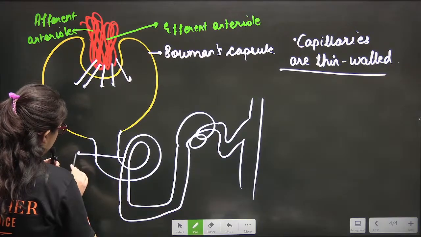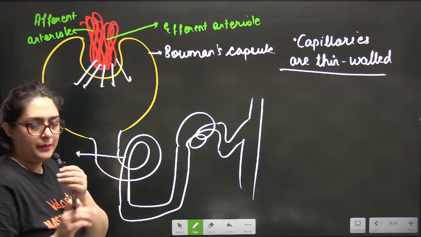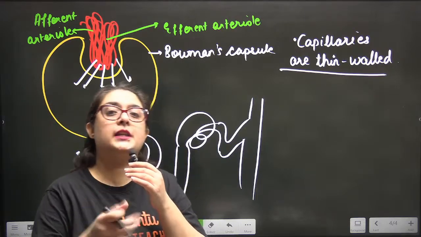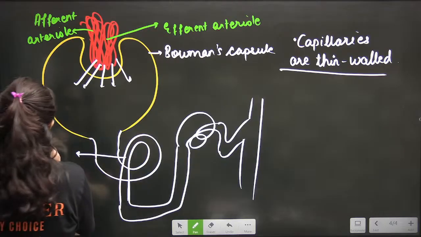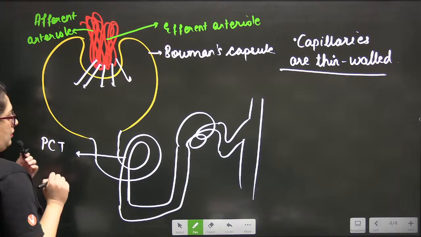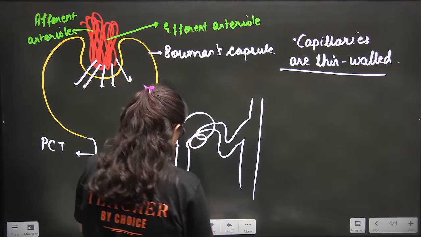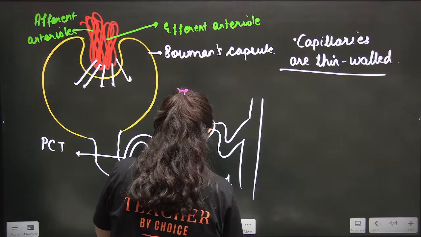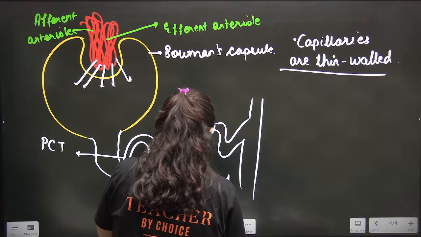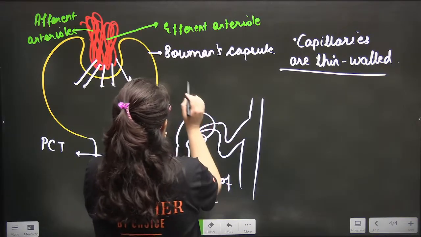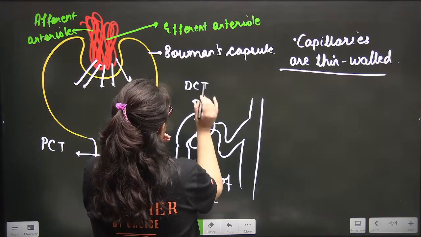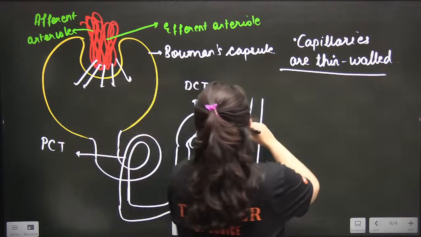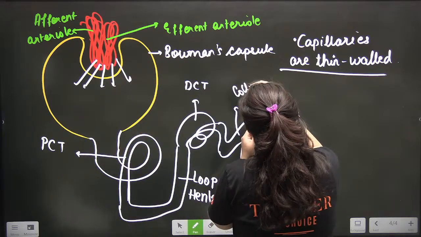What do you mean by PCT? It is the proximal convoluted tubule. It is a tube-like structure which is convoluted, coiled, and why is it proximal? Because it is nearby to Bowman's capsule. This is the U-shaped loop of Henle. DCT, distal convoluted tubule, a coiled tube away from Bowman's capsule. These are small collecting tubules, all from the collecting duct.